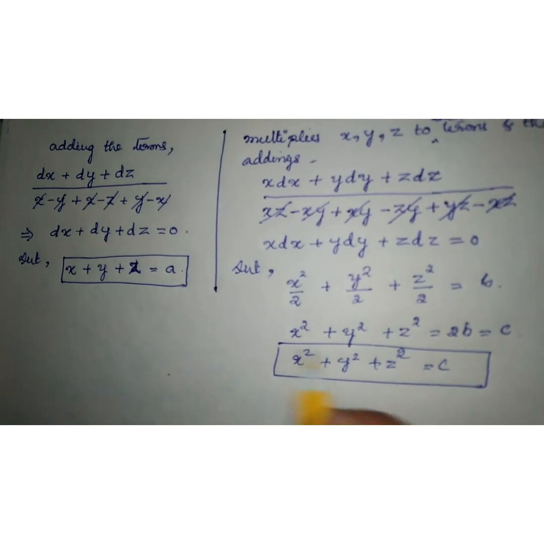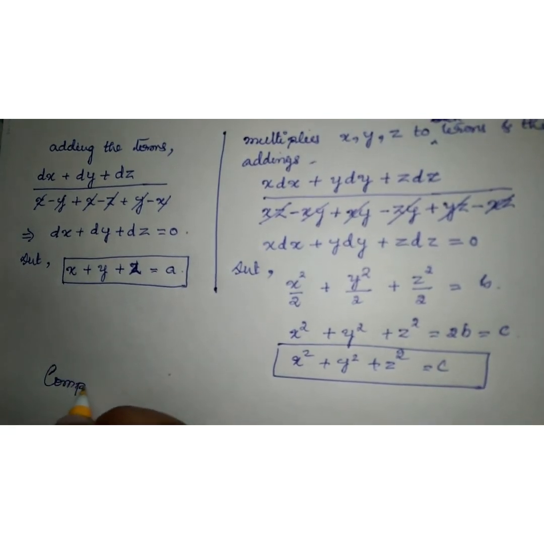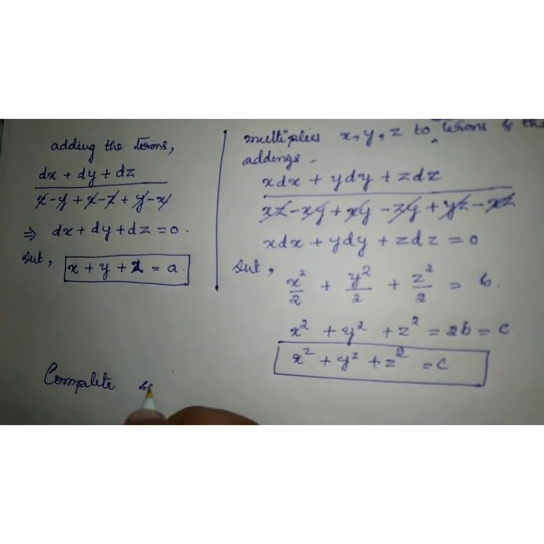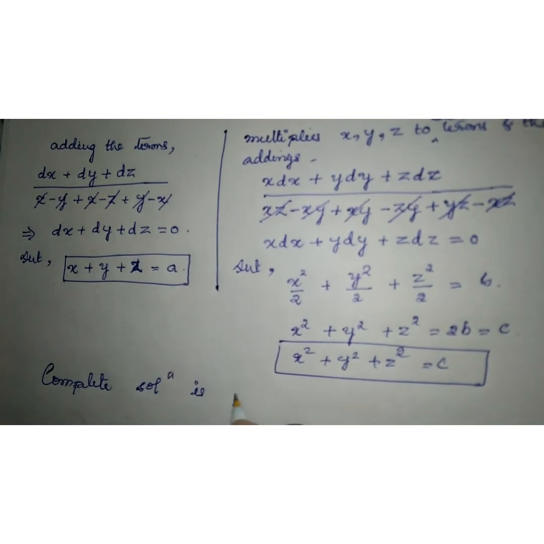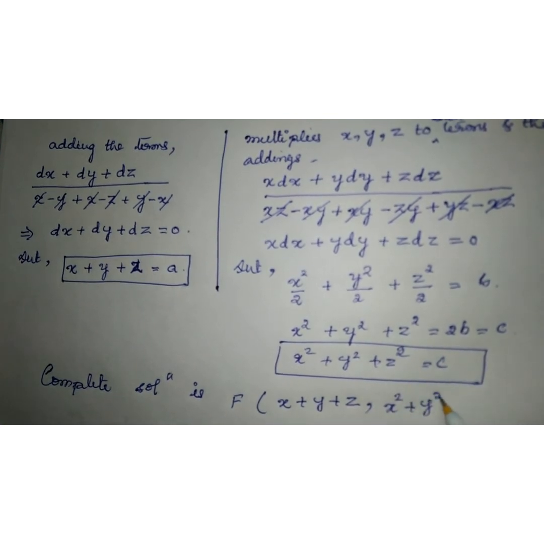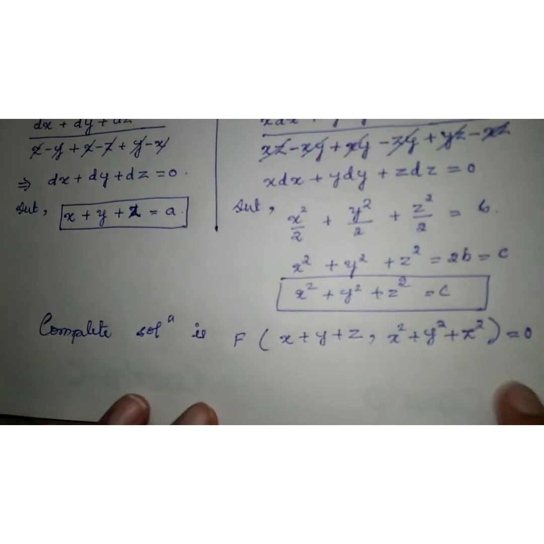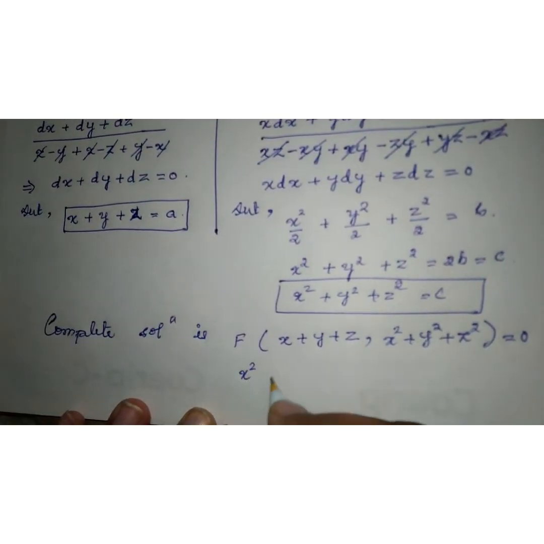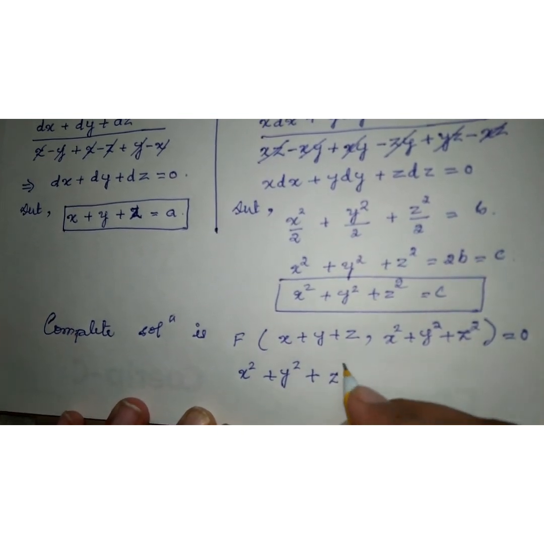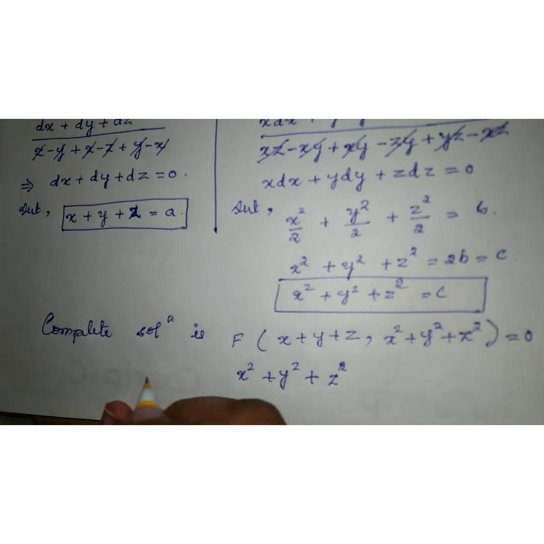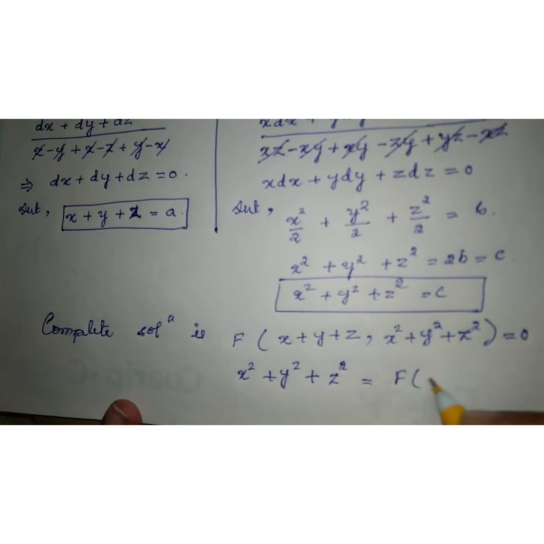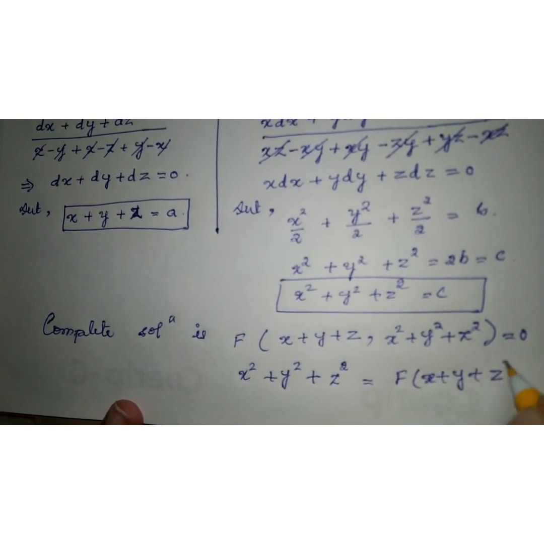As we discussed in the theory part, the complete solution is f of (x plus y plus z, x square plus y square plus z square) equal to 0. Or you can write this as x square plus y square plus z square equal to f of (x plus y plus z).